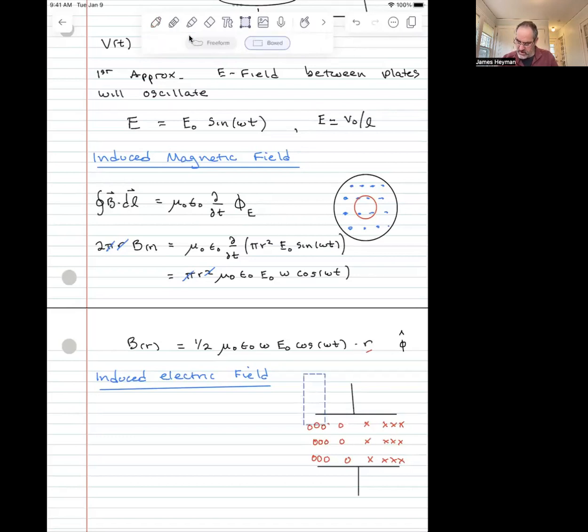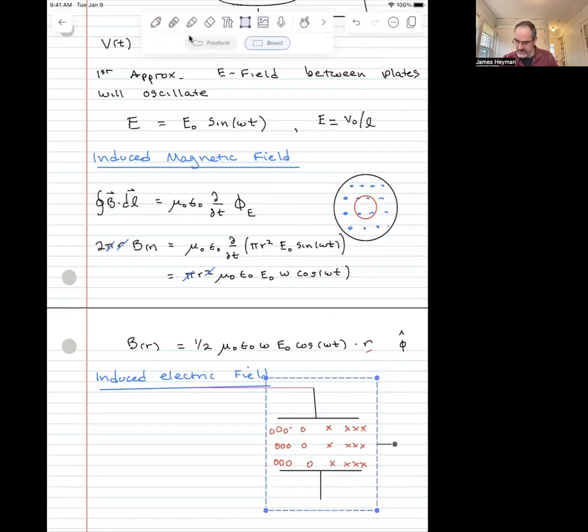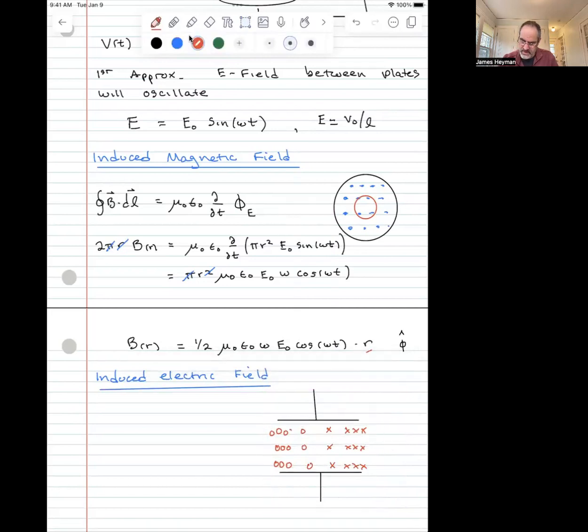Now we can use this drawing to calculate the electric field. Here, let's draw another Amperian loop. This one is going to be interesting. One side of the loop will be here, and the other side will go out to a point very, very far away from the loop.